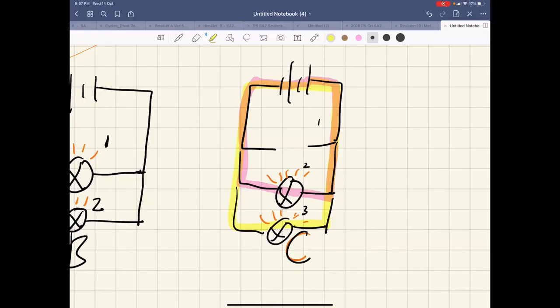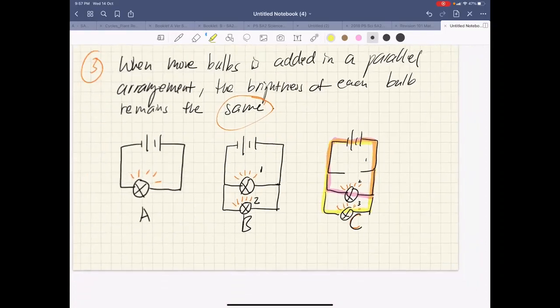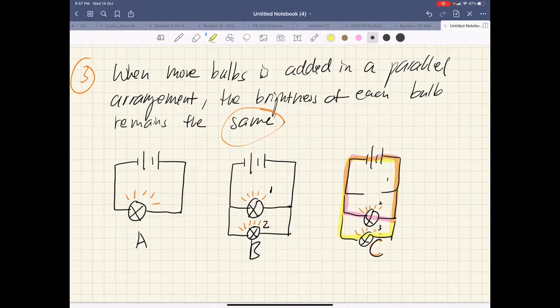So be very careful. In short, this bulb over here is the same brightness as this bulb, this bulb, this bulb, given that the batteries are all the same. So this is the key idea to take away from bulbs arranged in a parallel arrangement.